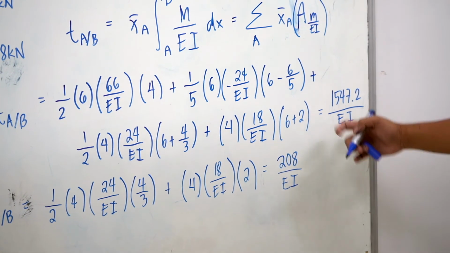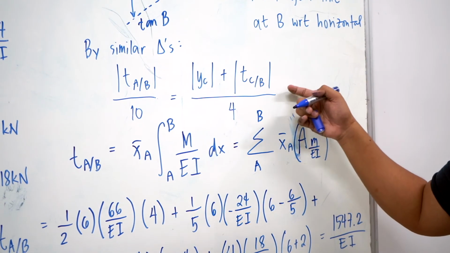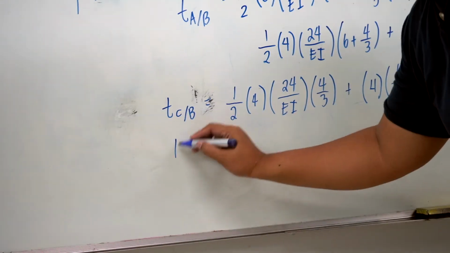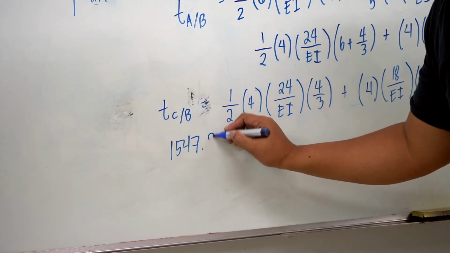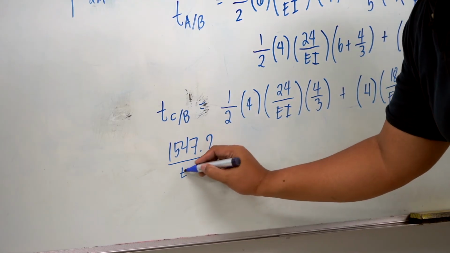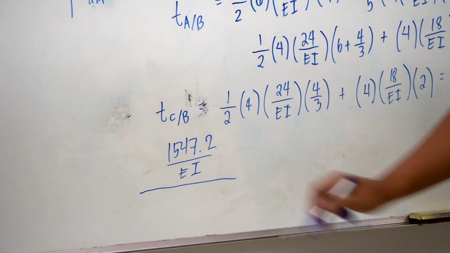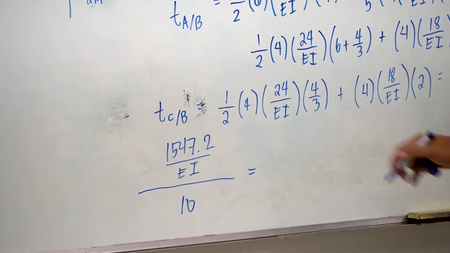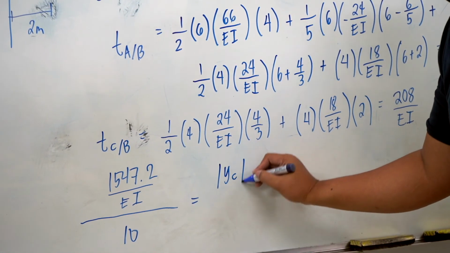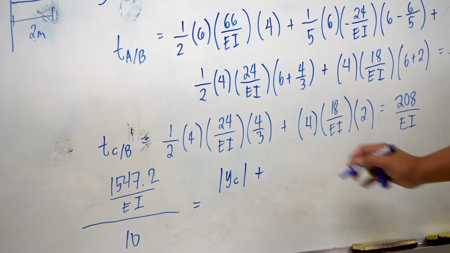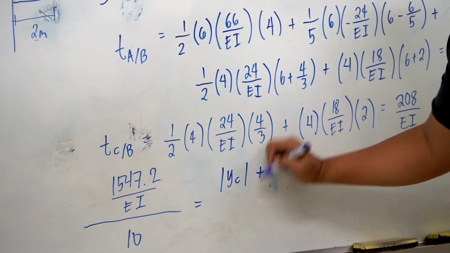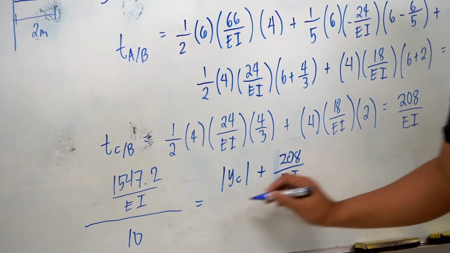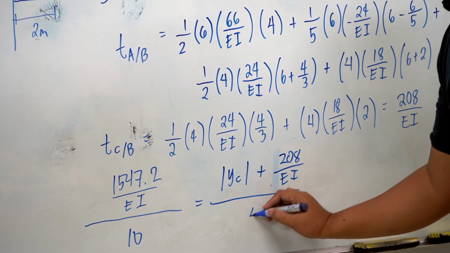And substituting everything into our similar triangle equation, we get 1547.2 over EI divided by 10 equals YC, which is the one we're looking for, plus 208 over EI divided by 4.